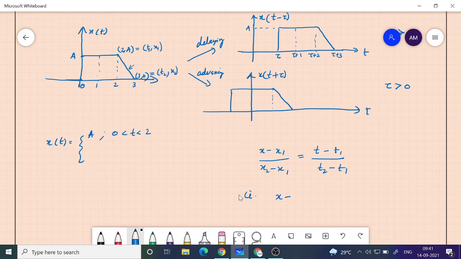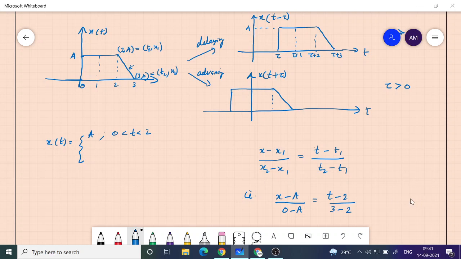Let us substitute the values: x1 is a, divided by x2, which is 0, minus x1, which is again a, is equal to t minus t1, which is 2, divided by t2, which is 3, minus t1, which is 2.